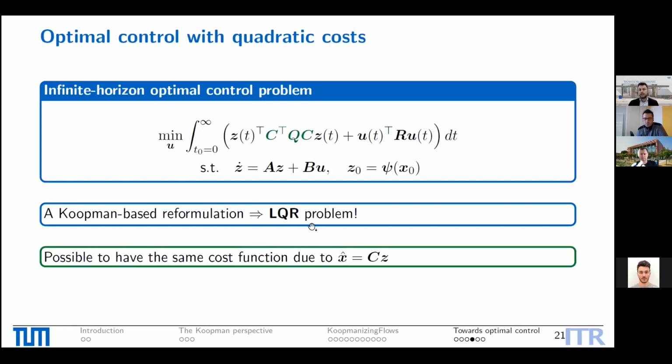This is also why the linear reconstruction is crucial and much more practical than the nonlinear reconstruction of related work, as we can have the same cost function as before, making us comparable to the original problem. And this Q can be intuitively tuned as you would do position and velocity penalties, which is not really straightforward with nonlinear reconstruction.